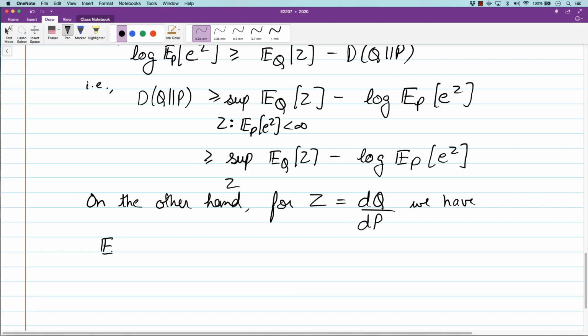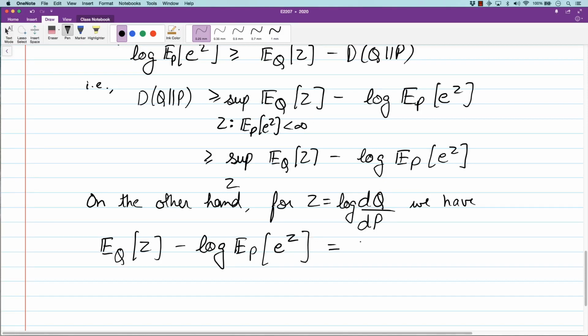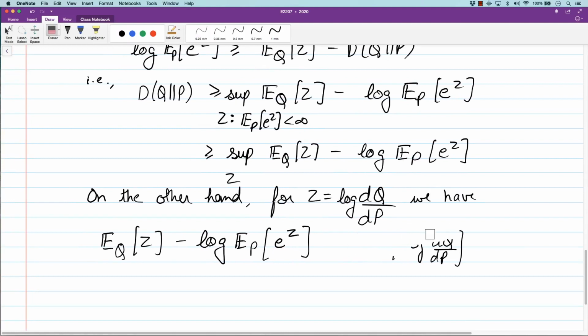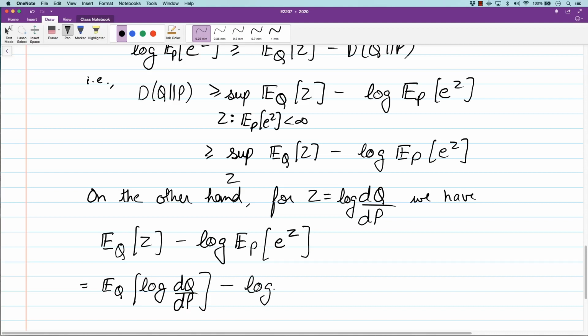Expected value over Q of Z minus log of expected value of e to the power Z. This guy equals expected value under Q of log dQ/dP minus log of expected value under P of e to the power Z, which is just dQ/dP.